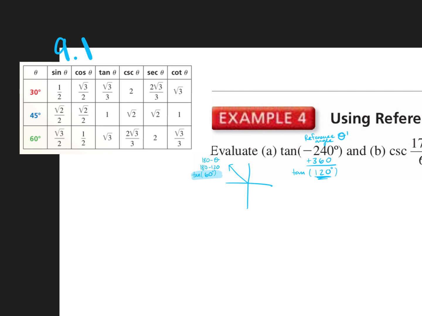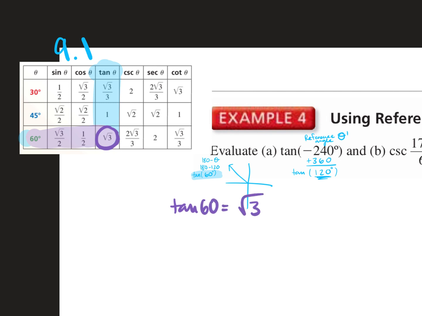So it'll end up being like 30, 60, 90, something like that, or 45. So tangent of 60, we're going to go to our chart here, tangent, and 60 would overlap at square root 3. So the tangent of 60 degrees is square root 3.